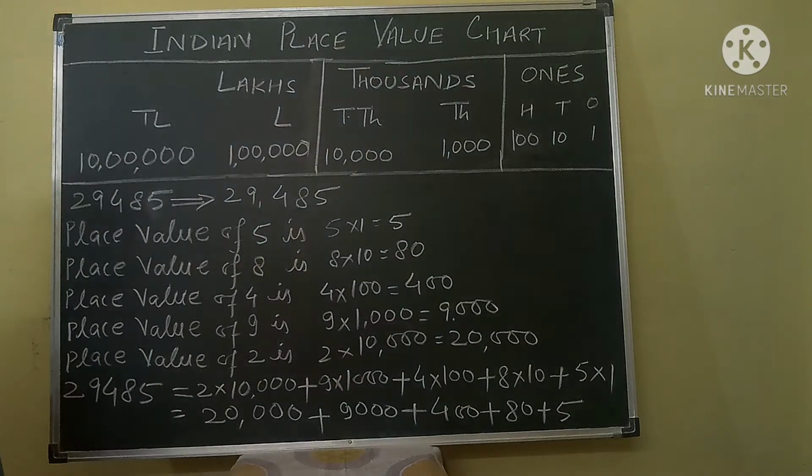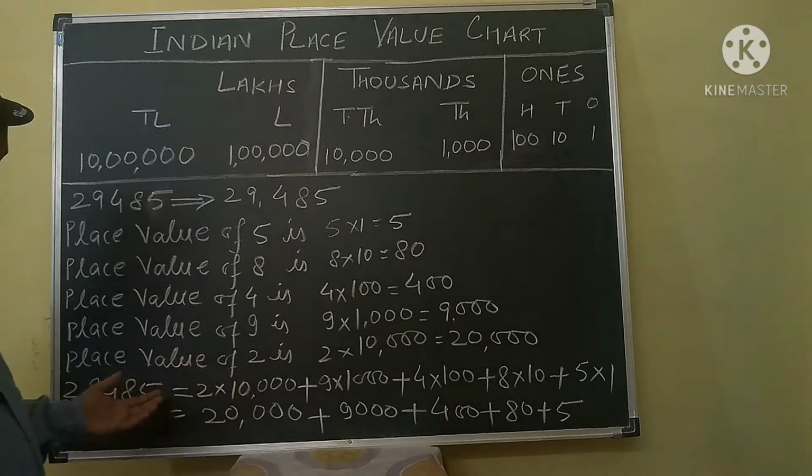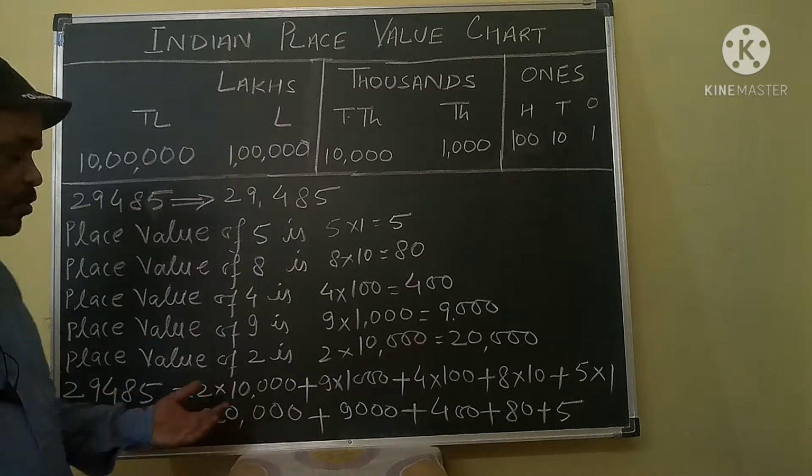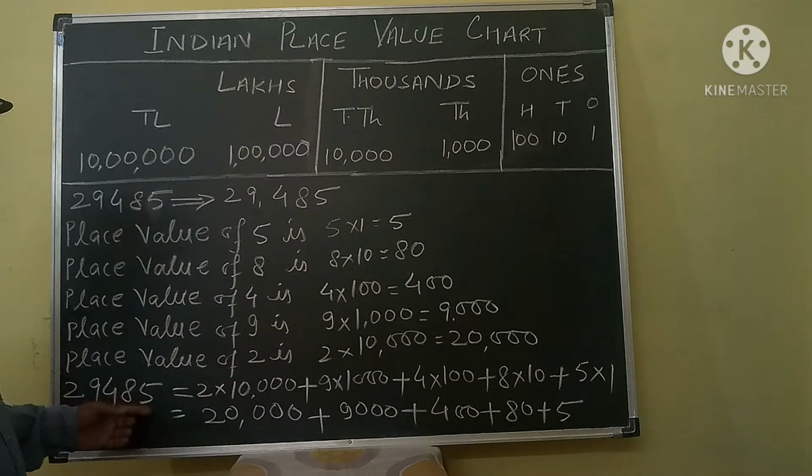Okay. Now after this step, we can write the expanded form of 29,485. How?